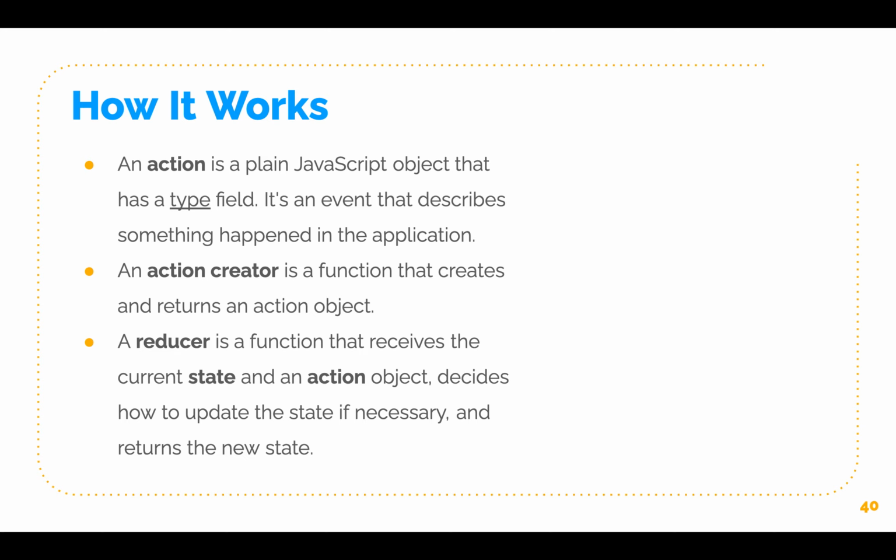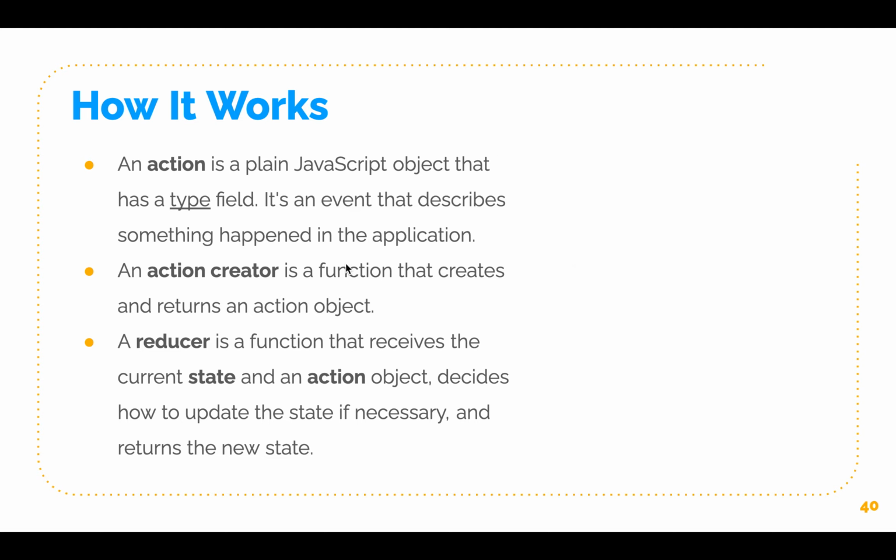So we're not going to go into it in too much detail, but just a few terms with Redux. There's this idea of actions that are plain JavaScript objects that have a type field. So maybe you have an add to cart action. It's an event that describes that something happened in the application.